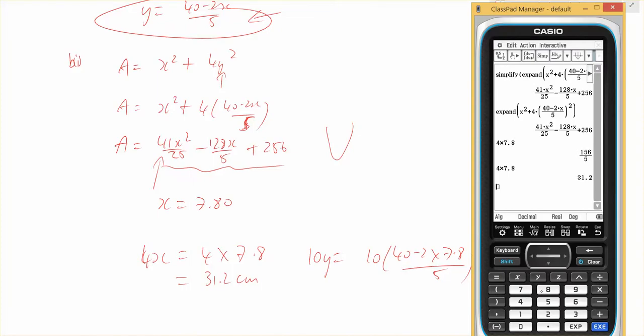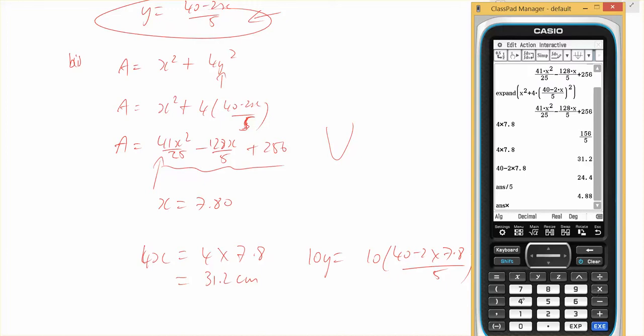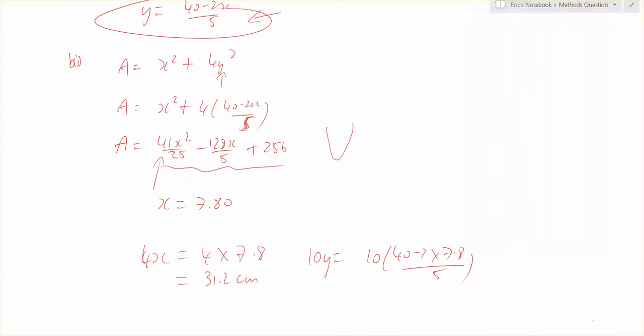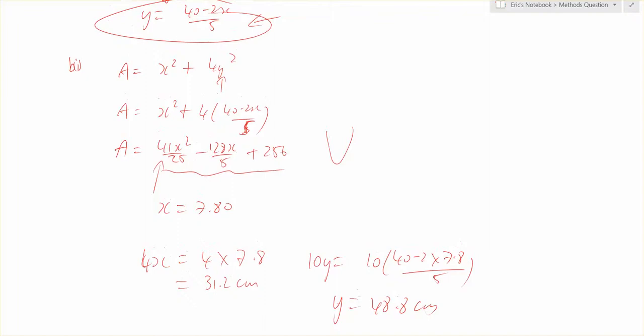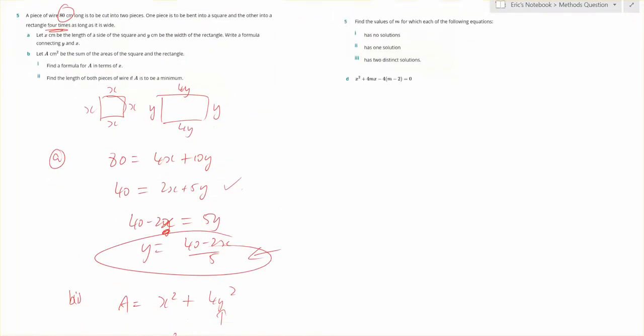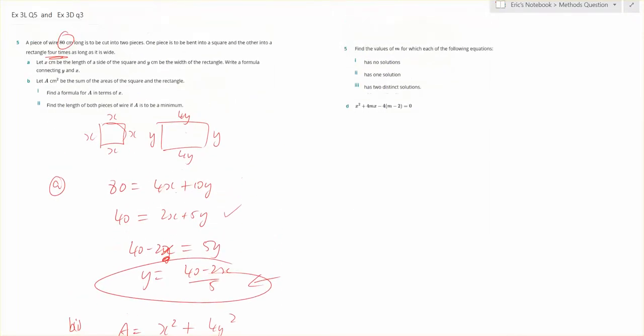I've got 40 minus 2 times 7.8, divided by 5, times 10, equals 48.8. So there you have it. That's how you do exercise 3R question 5.